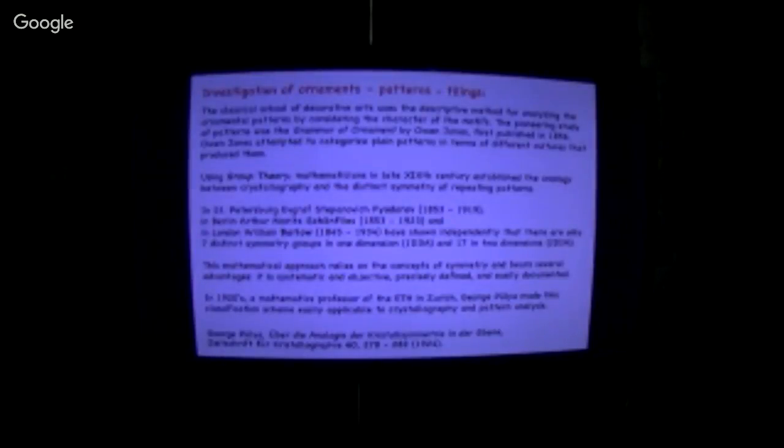Then in the 1920s, you'll see this field proceeds very slowly, because the three guys were around 1850, and we had to wait until 1920. A Hungarian, who was Jewish, came to Zurich and was professor of mathematics there, and he could show that this classification applies to atoms in crystallography and to ornaments.